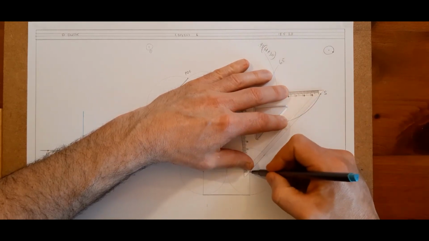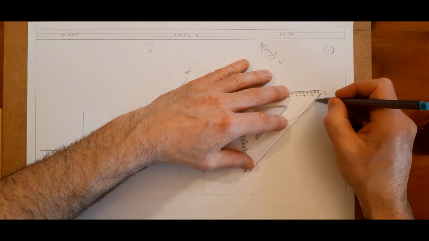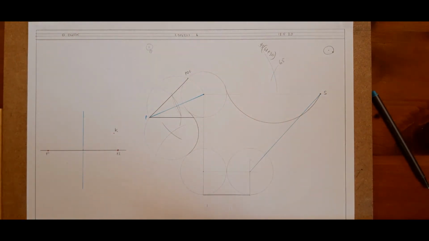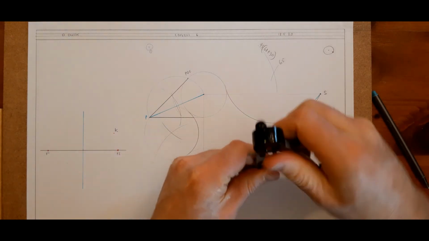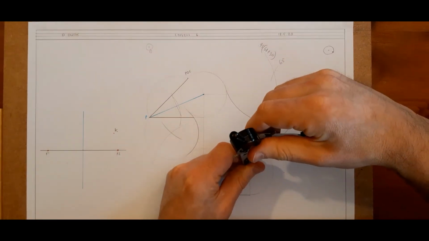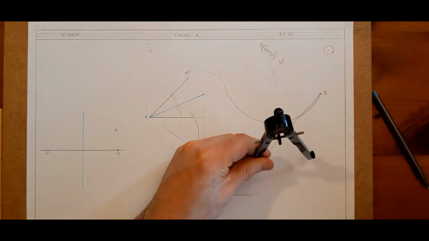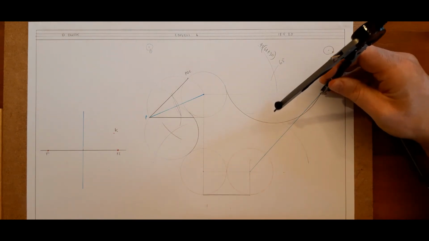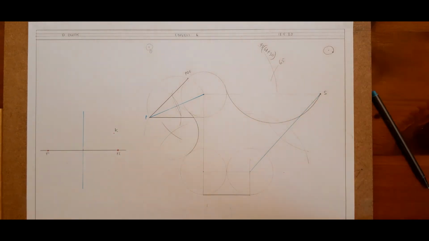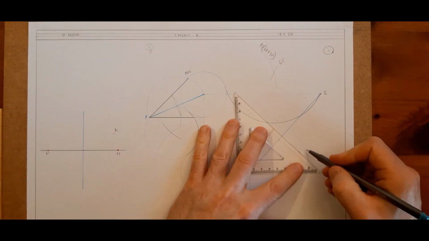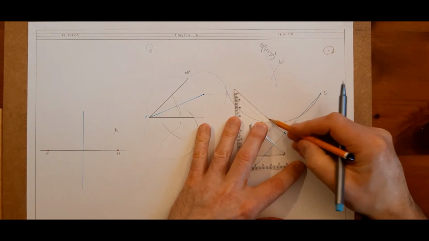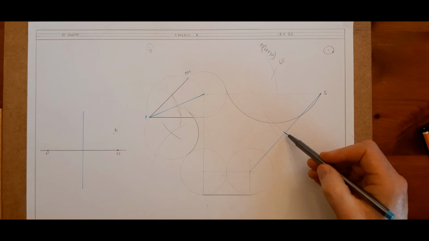draw a line from the center of the circle to the point outside. Bisect that blue line now. So set your compass just over halfway. And that there is the bisector, the exact halfway point of that blue line.